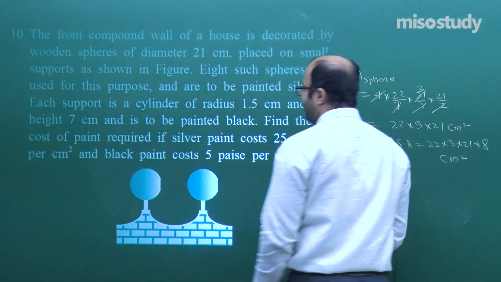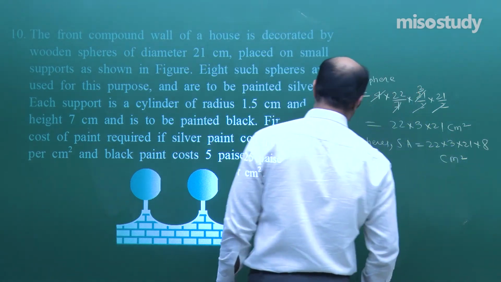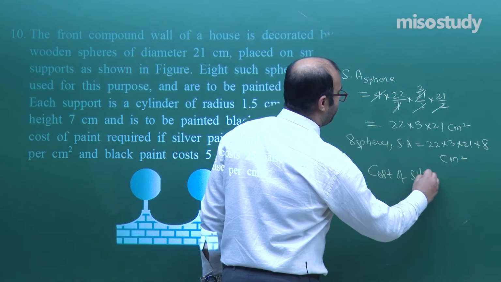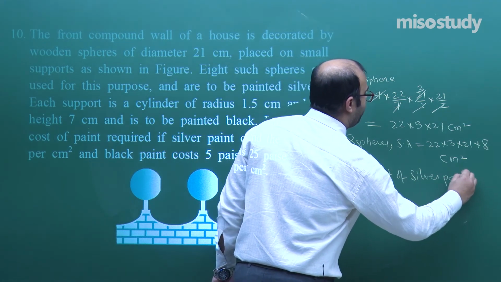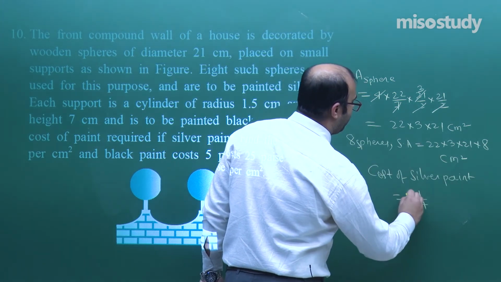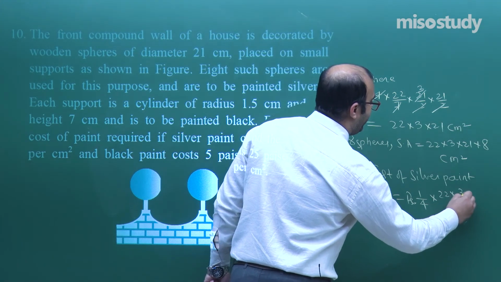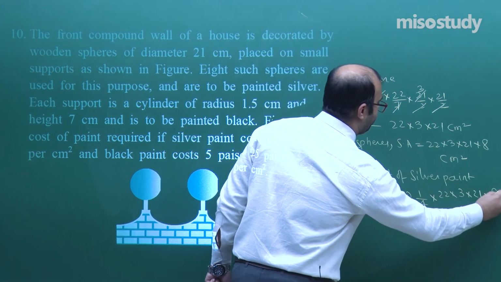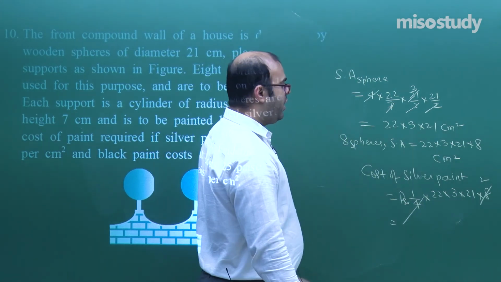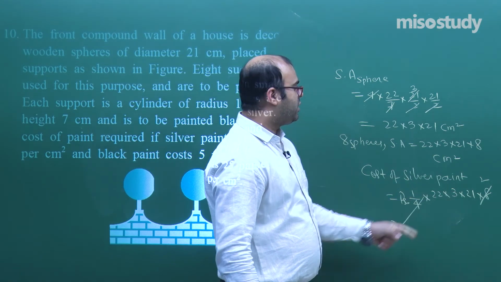Now, the silver paint cost is given as 25 paise per centimeter square. So, the cost for silver paint will become, 25 paise means 1/4 rupees. So, we will do 1/4 here, changed into rupees, into 22 into 3 into 21 into 8. So, finally, let us find the value. 21 into 2 is 42, and here it is 66.